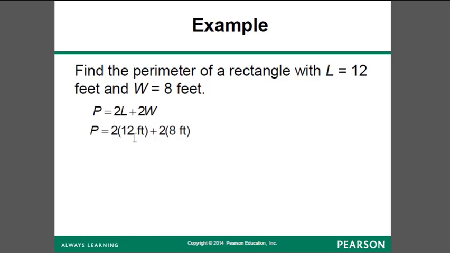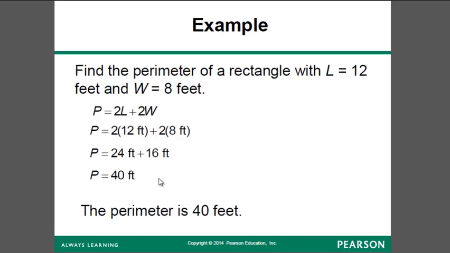I can multiply 2 times 12 feet, and I can multiply 2 times 8 feet, and I'll get 24 feet plus 16 feet. I can add those. 24 feet plus 16 feet gives me a total of 40 feet. So for this particular problem, the perimeter is 40 feet.